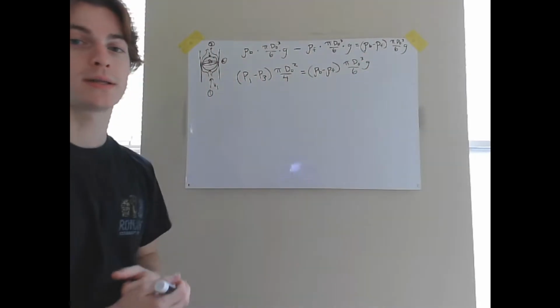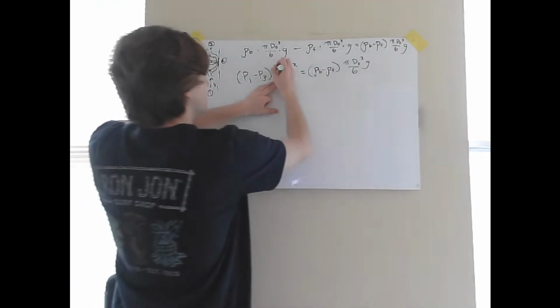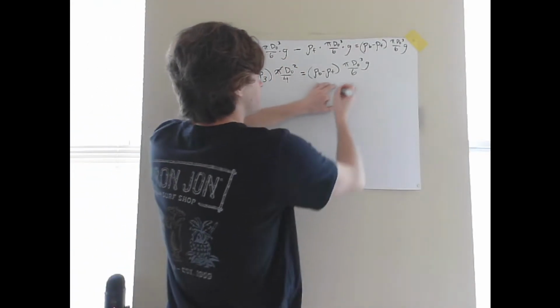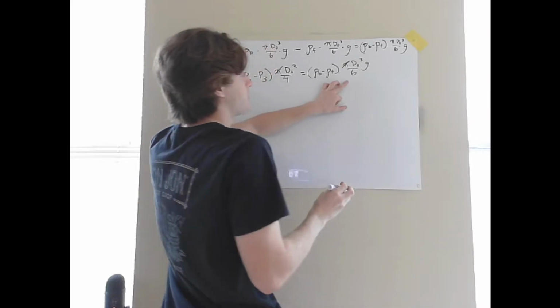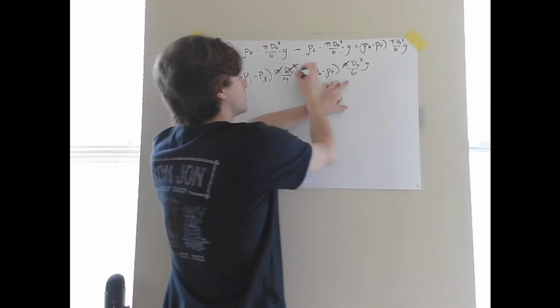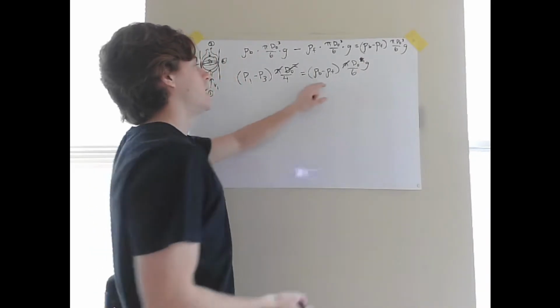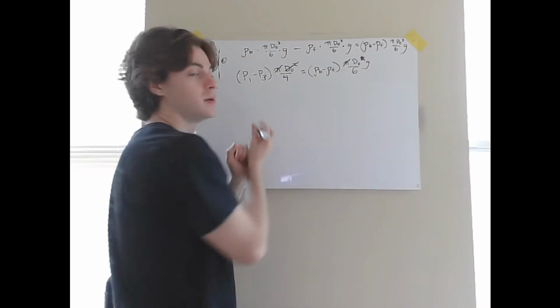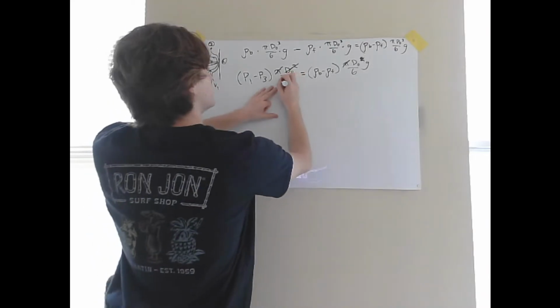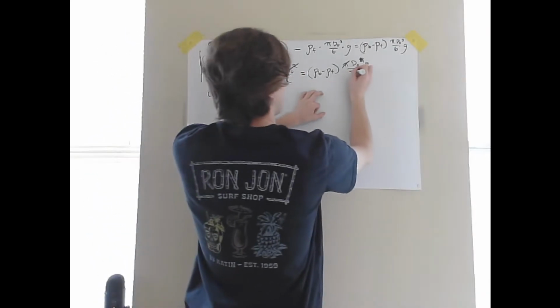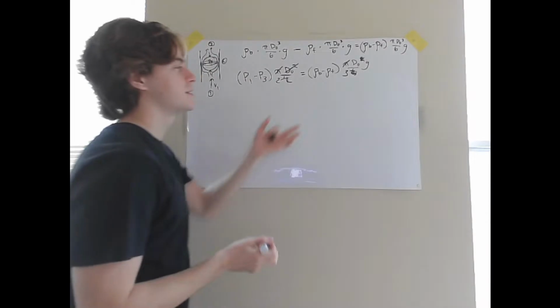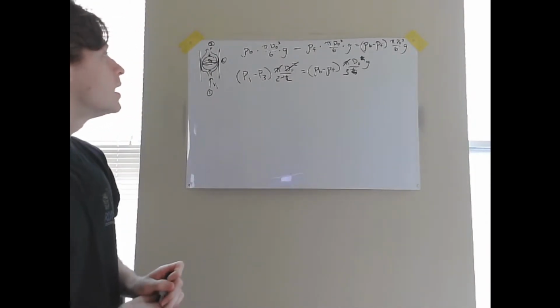And now we can go ahead and cancel a couple terms. So this pi is going to cancel with this pi. This d naught squared is going to cancel with d naught cubed to just leave d naught. And then I'm going to multiply both sides by 2. So this will become 2, and this will become 3, just to simplify a little bit.